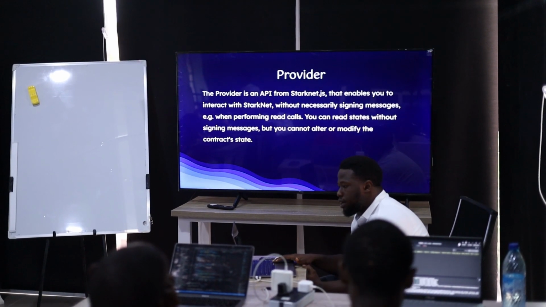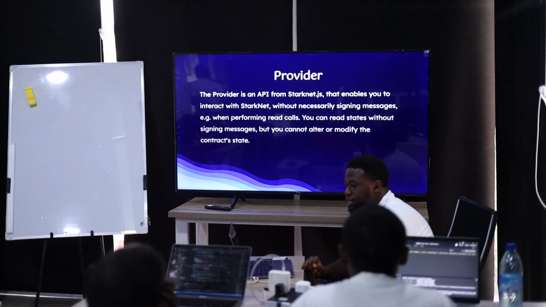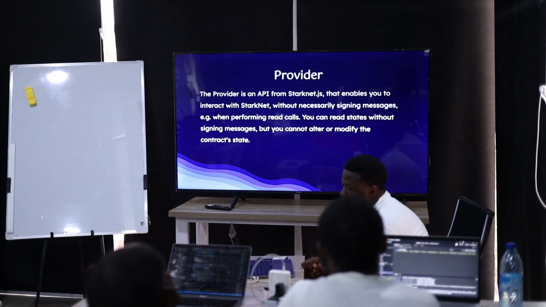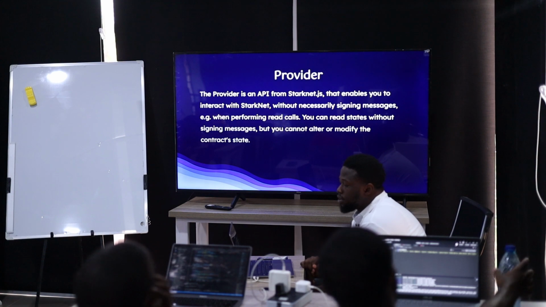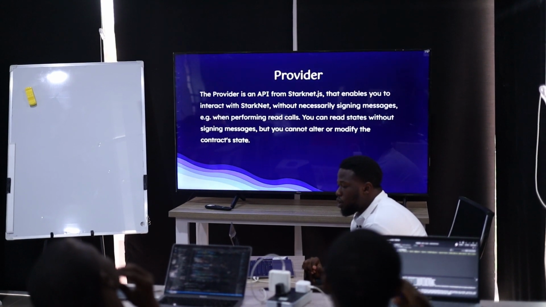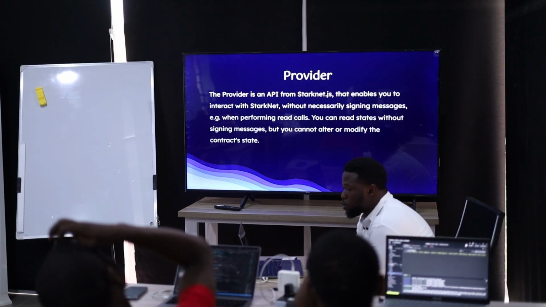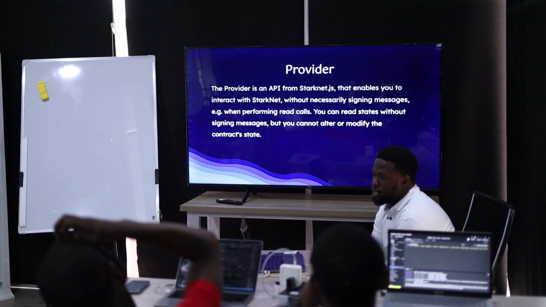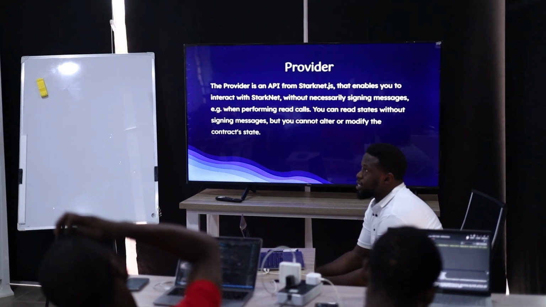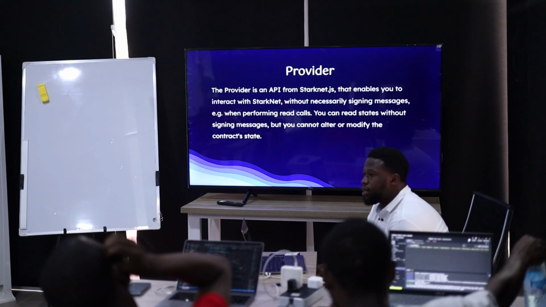So we start off with the provider. The provider is an API from Starknet.js that enables you to interact with Starknet without necessarily signing messages, e.g., when performing read calls. You can read states without signing messages, but you cannot alter or modify the contract state. So the provider acts as an interface for us to read states.